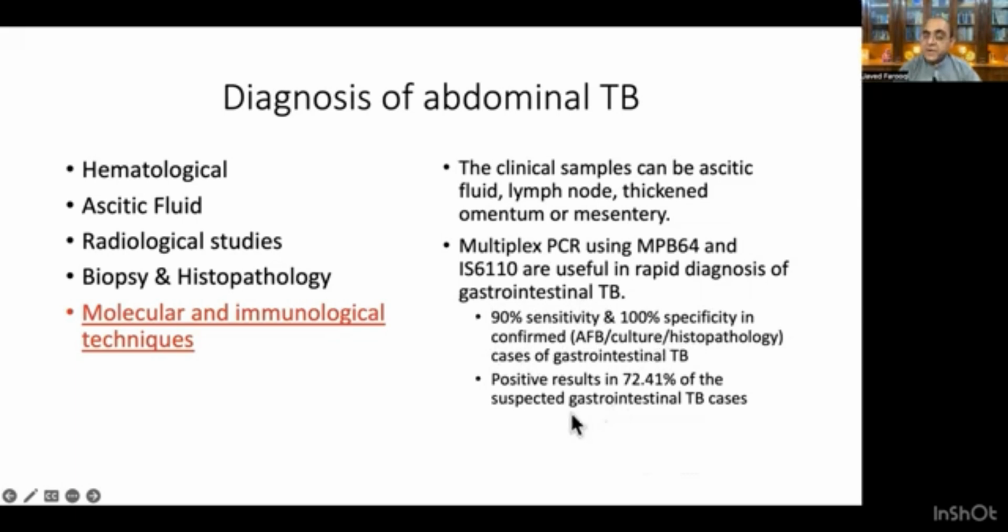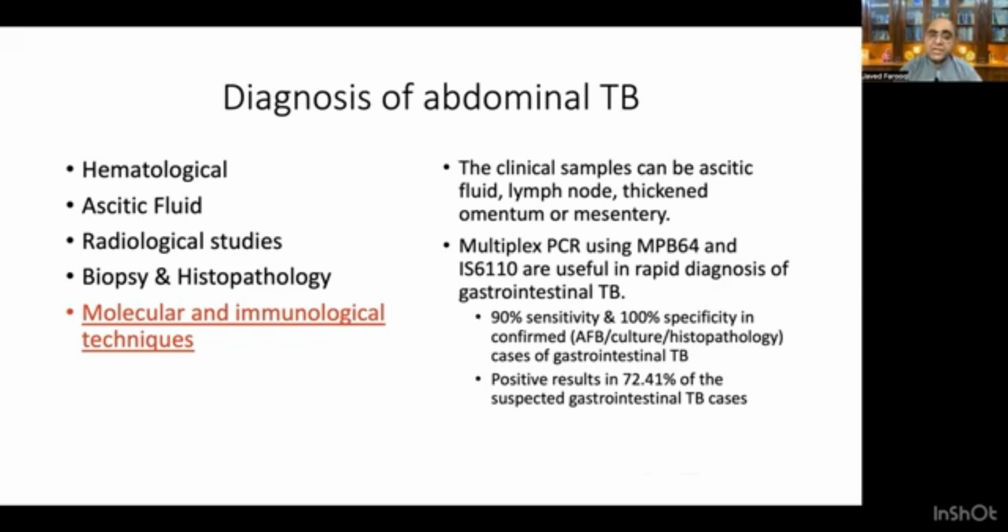But if it is suspected, then the positive results are seen in 72% to 75%. So, the diagnosis of abdominal tuberculosis remains a dilemma even in today's modern era of medicine.